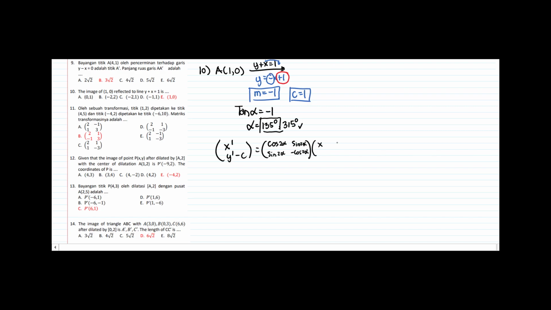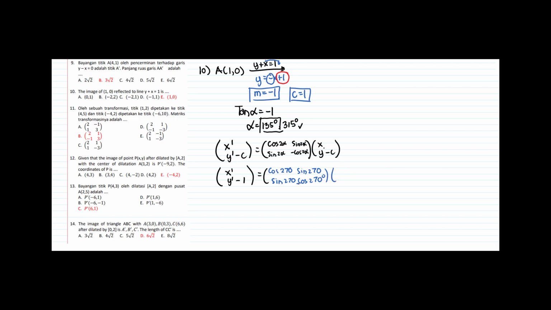Okay, times it with x and y minus c. Put the numbers together, minus 1, the c is 1, and then cos 2 times 135. It will become cos 270, sin 270, sin 270, negative cos 270.